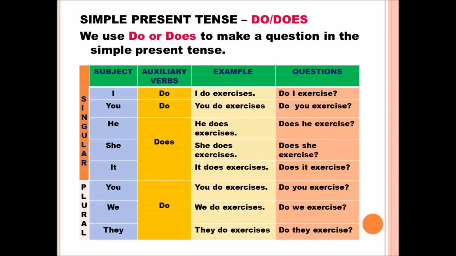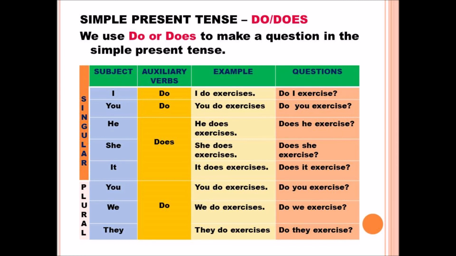Next we are going to see plural nouns. What are they? You, we and they. For these three words, what do we use? Do. You do exercises. We do exercises. They do exercises. So here we use do for all these three plural nouns.